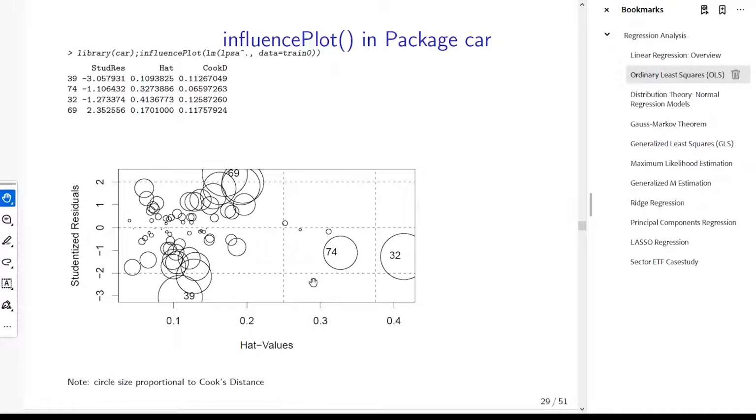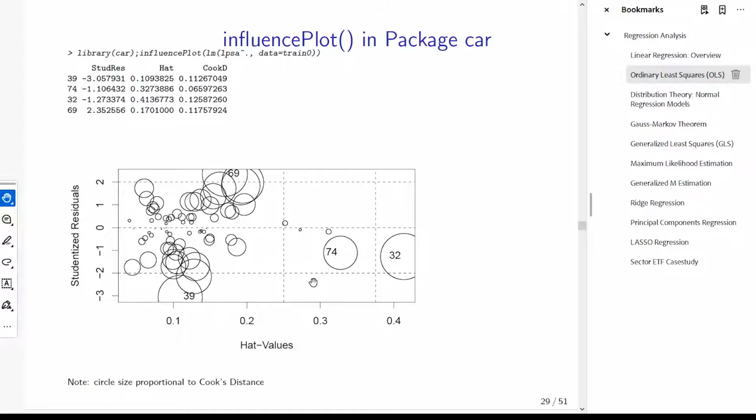So hat values generally are close to p over n, and lower values correspond to lower influence. And studentized residuals are given by these magnitudes. And I believe what is drawn in this slide is that the circle size is proportional to Cook's distance.